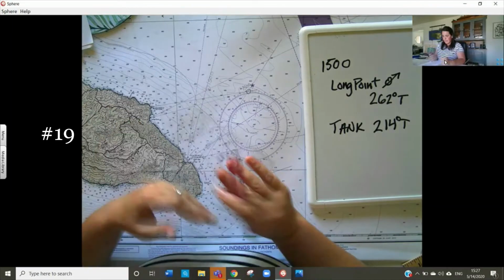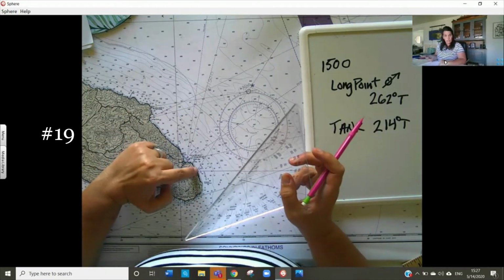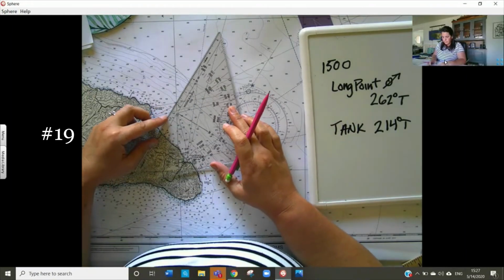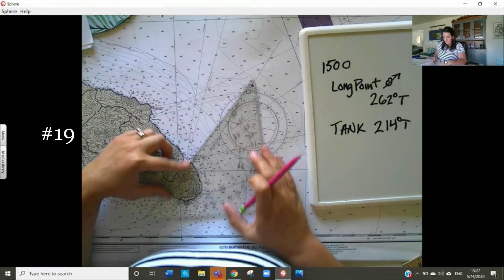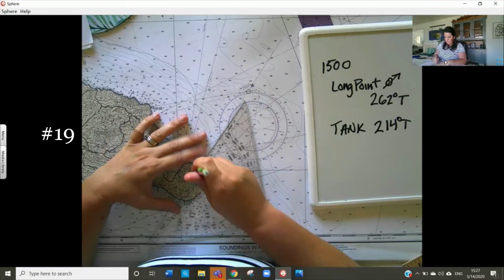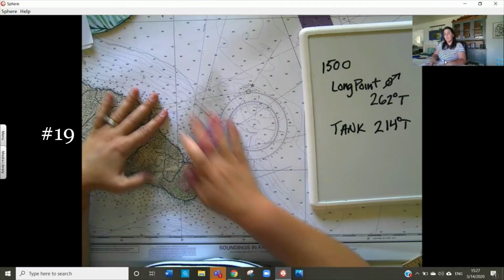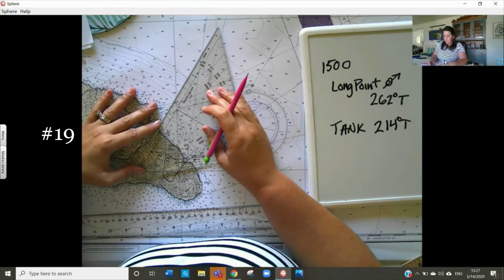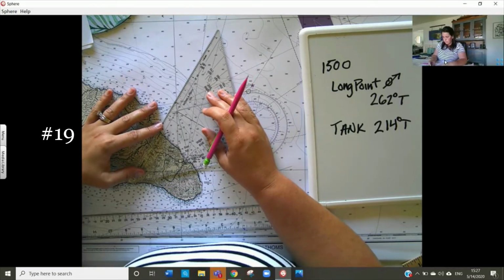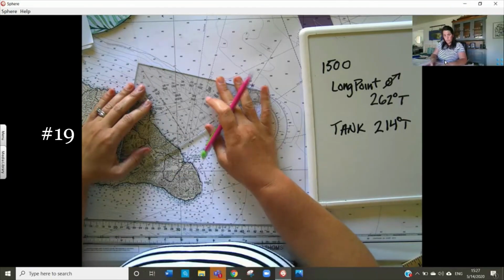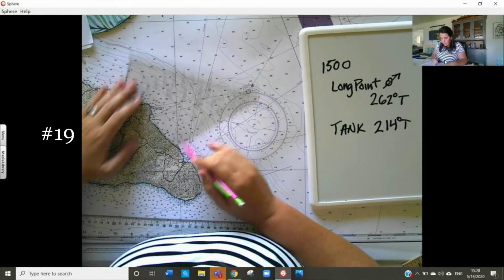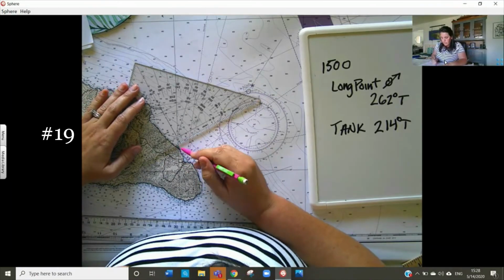And then I have north of 2, the tank at 214. In this case, instead of putting my pencil on it, I'll be pretty far away, so I'm going to be moving it over, and I wanted to show you guys how I did that. So let's do it like this again, just so you can see it clearer. 214, anywhere on this meridian, and I'm just using the parts with the white background so it's easier to see.